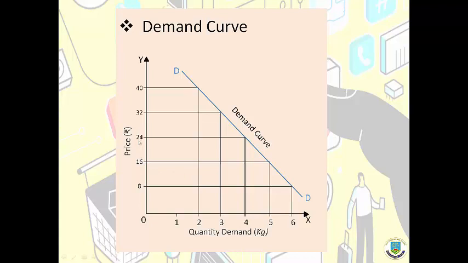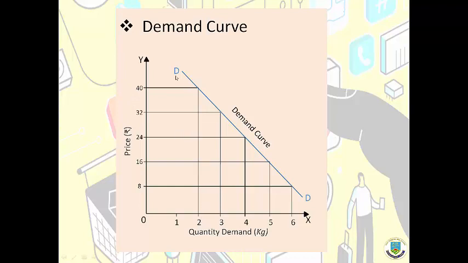Again, further, if price is increased to 24, quantity demanded is decreased to 4. And when price is increased further to 32, quantity demanded is decreased to 3. And when price is at 40, quantity demanded decreases to 2.